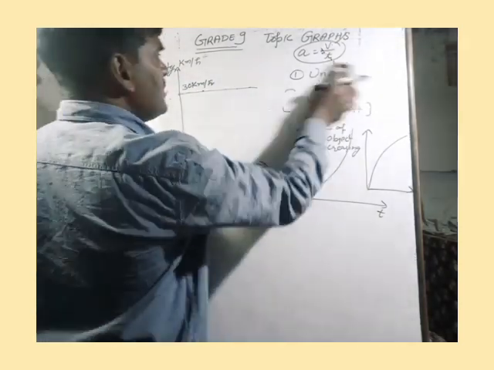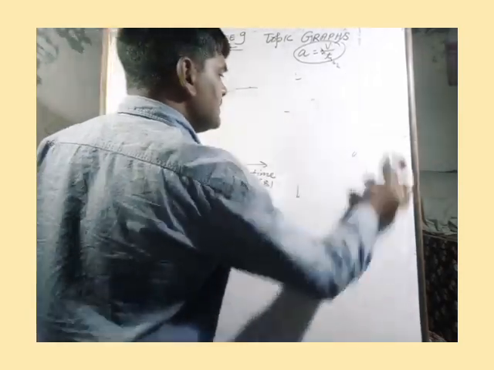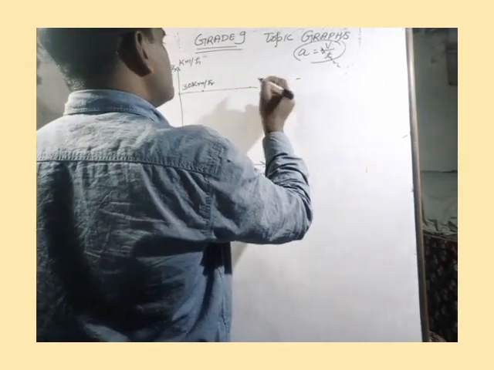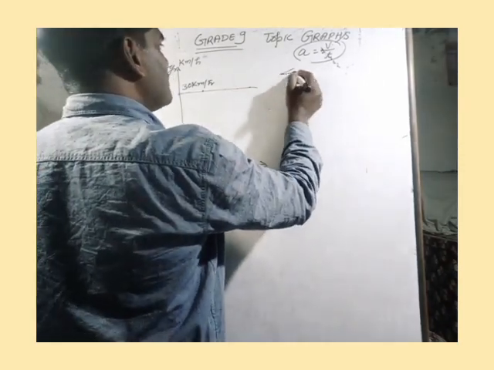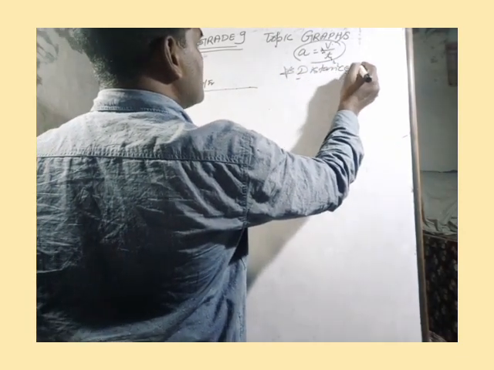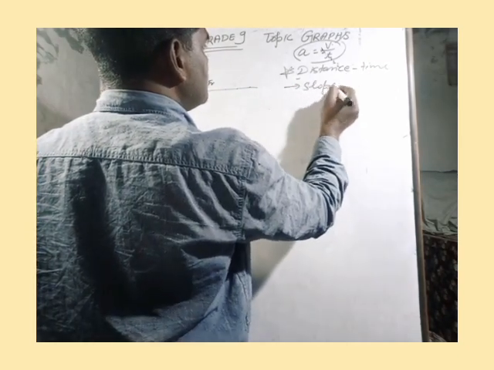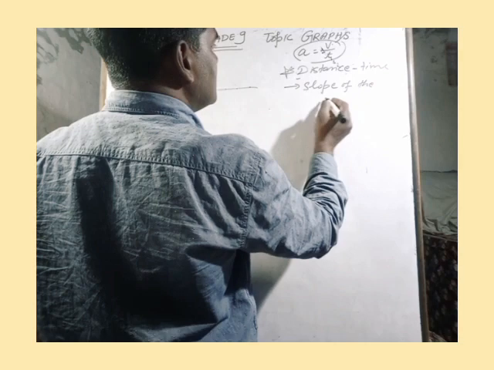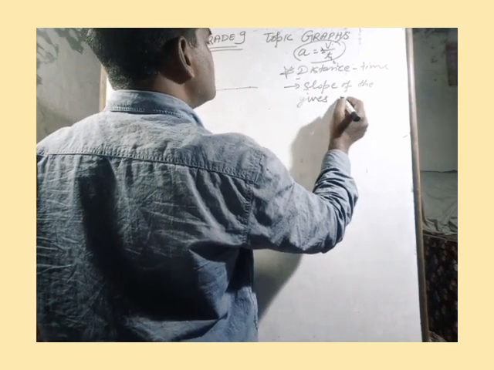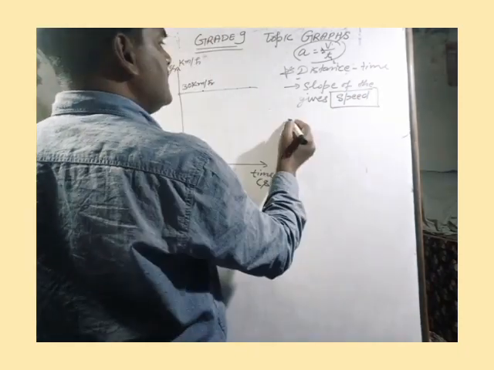Let's talk about the importance of the velocity time graph. We have already done the importance of the distance time graph. What was the importance of the distance time graph? The slope of the distance time graph gives the speed with which the object is moving.